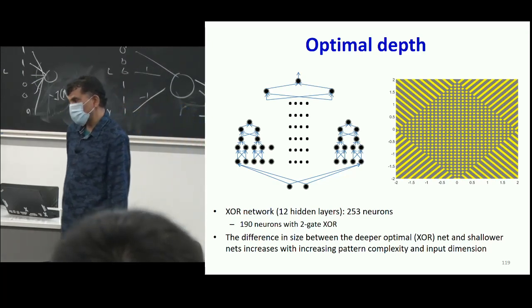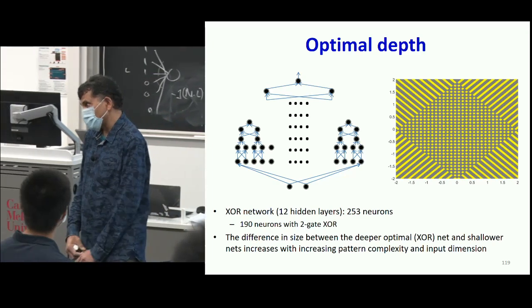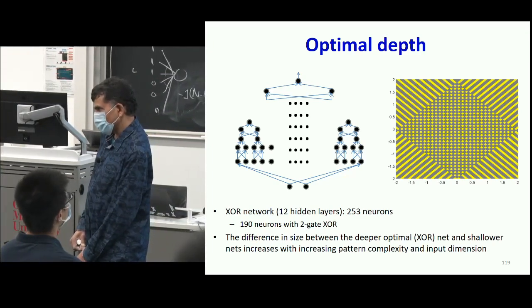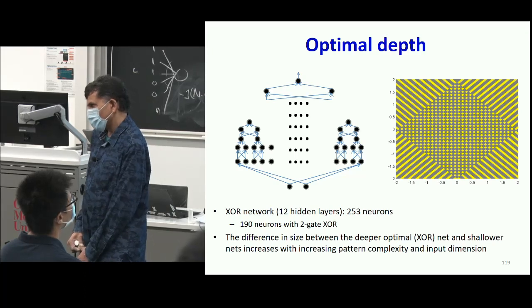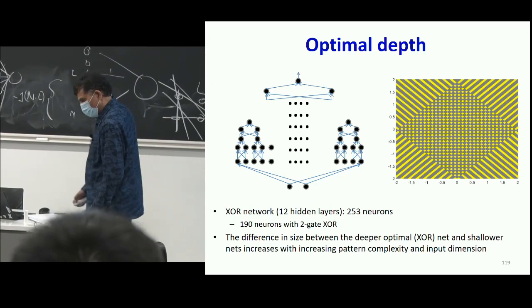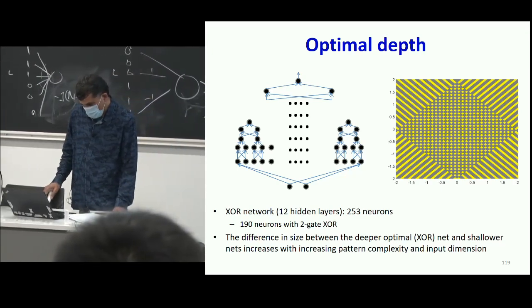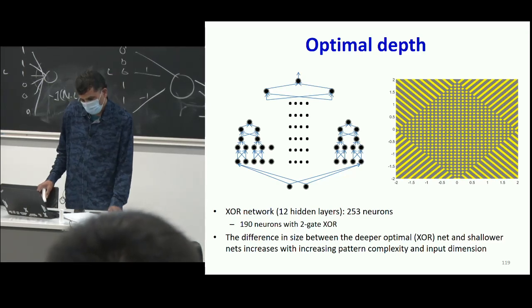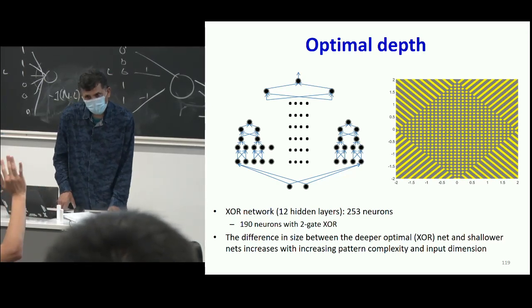So it requires 3 times n minus 1, 3 times 63. I think that's 253, right? Or maybe I'm wrong. It's just 3 times 63 plus the original 64. So that gives, yes.